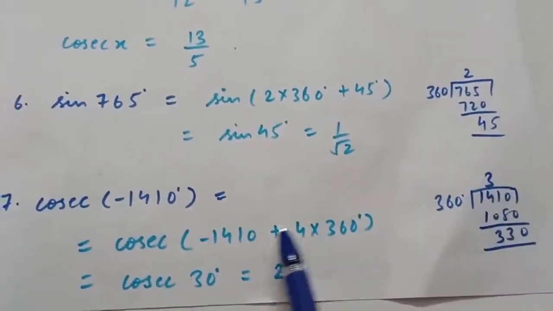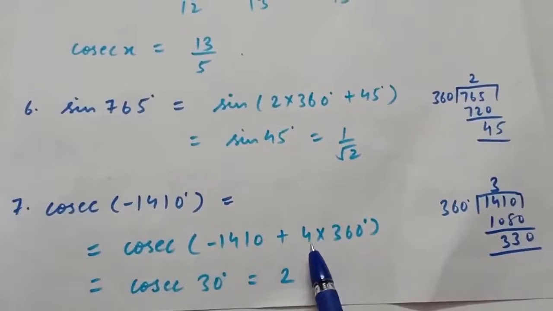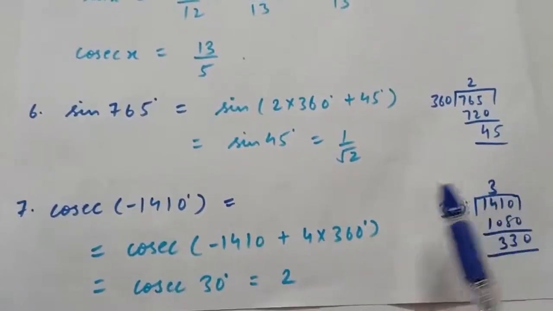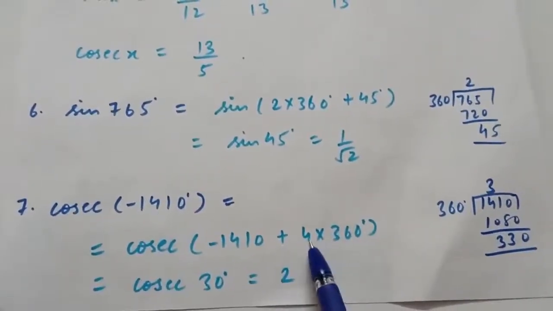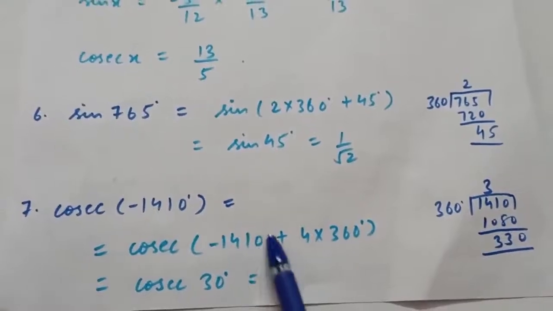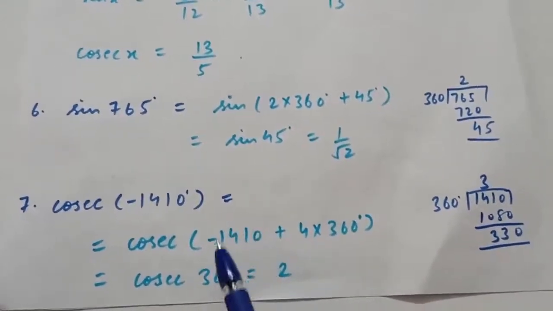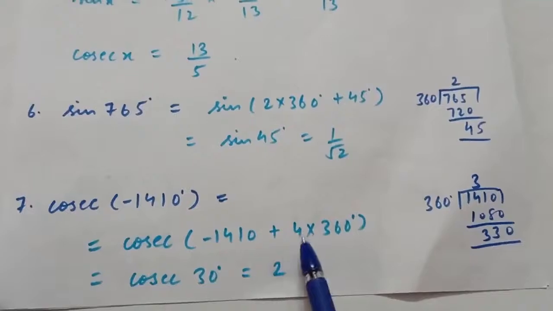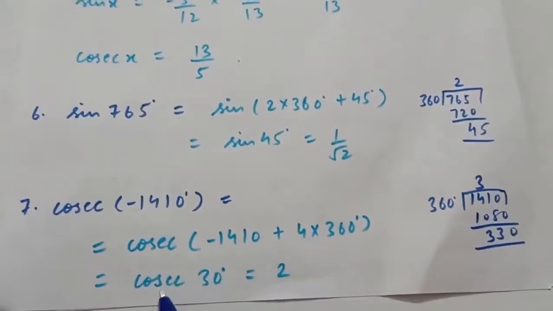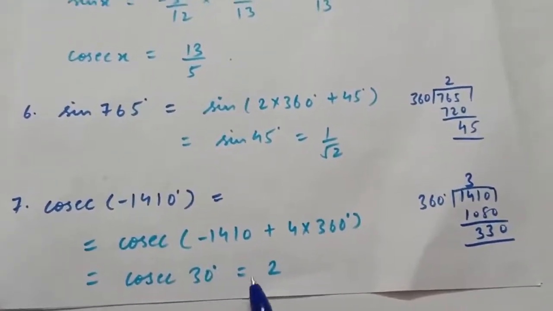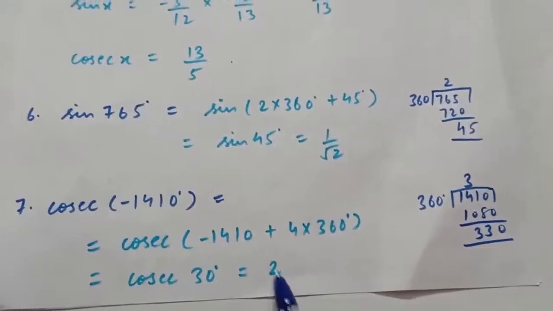Because here it is negative, so take one number larger than this 3. So 360 into 4 will be greater than this, so you will get the angle as positive. So when you will solve this, you will get cosecant 30 degree, which is equal to 2, because sin 30 is 1 by 2.